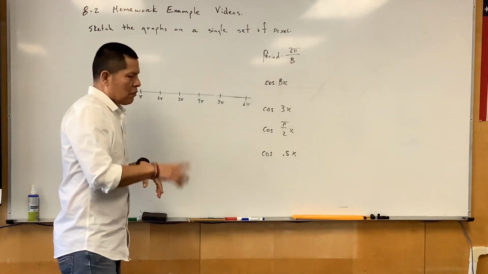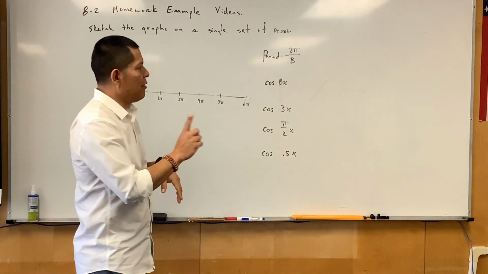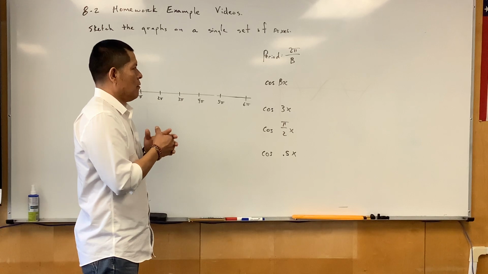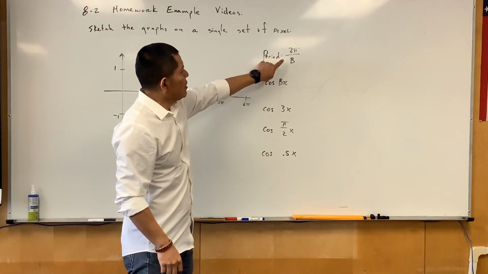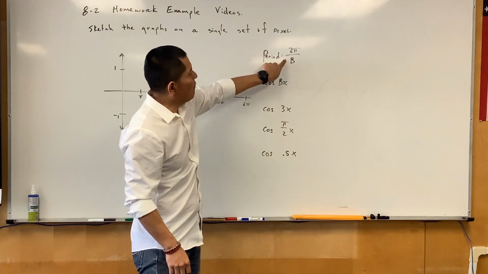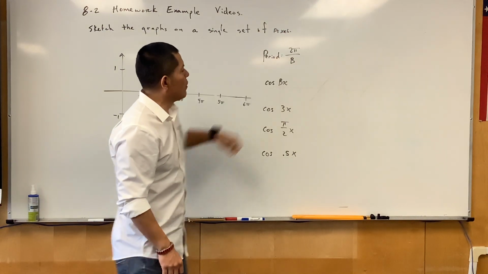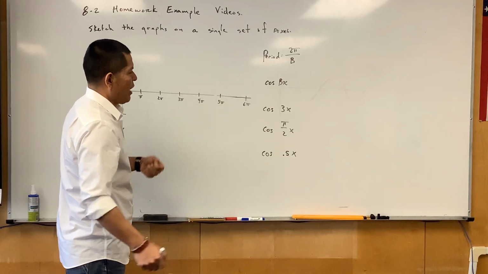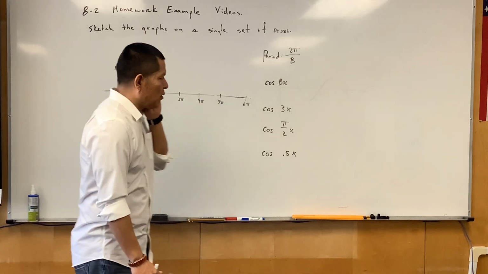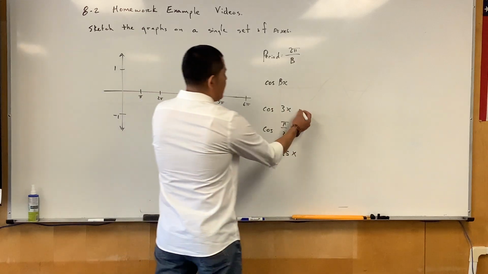And to find one period of the function, you take 2 pi and divide it by b. So in this case, we have to sketch the cosine of 3x.